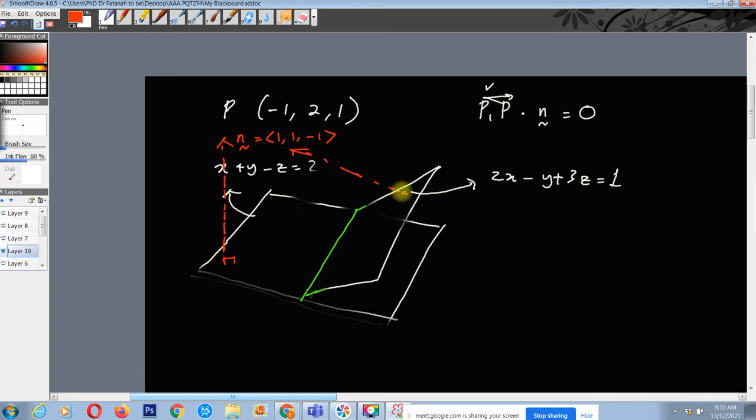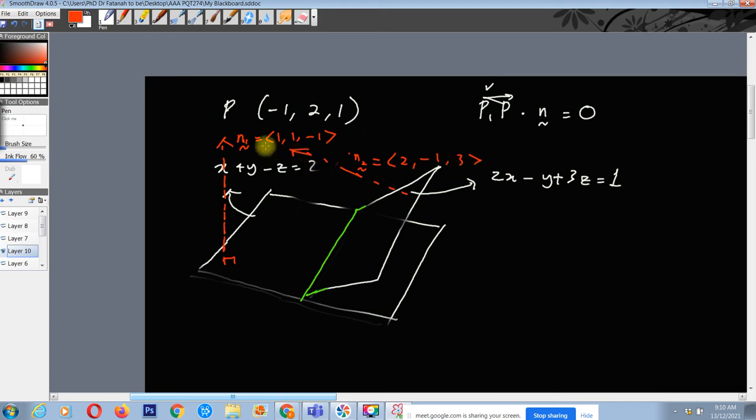This is normal 1, and this is normal 2, so we will get 2, negative 1, 3.